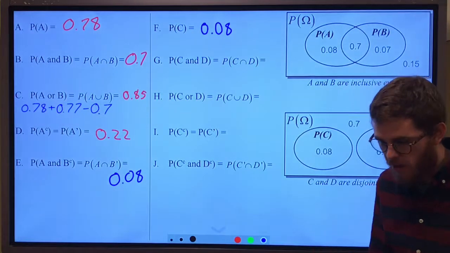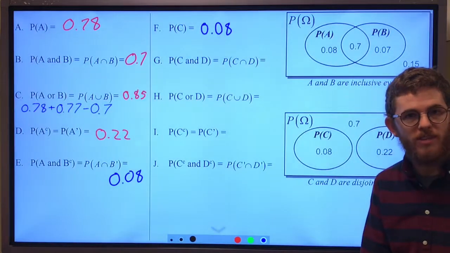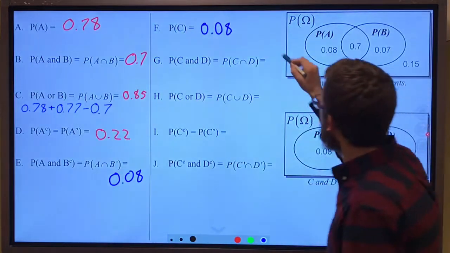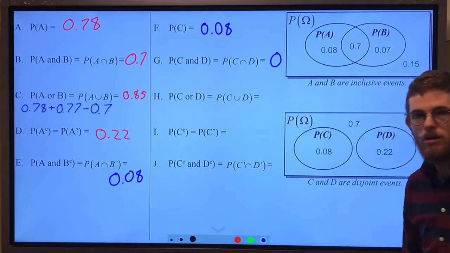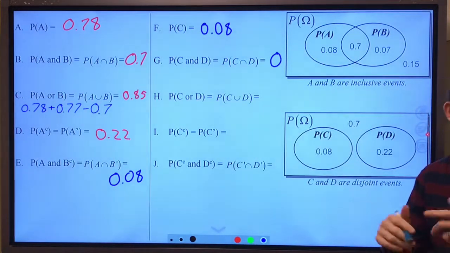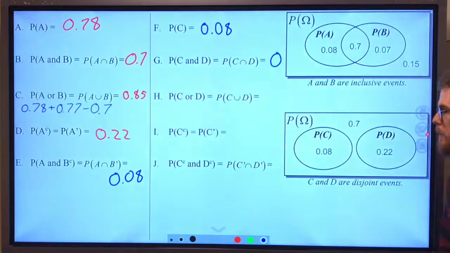We want an overlap. We want to find the probability of getting both of these things. Well, they never overlap. There's never a point they overlap. There's a 0%, 0, there's no chance of both of these things happening at the same time.